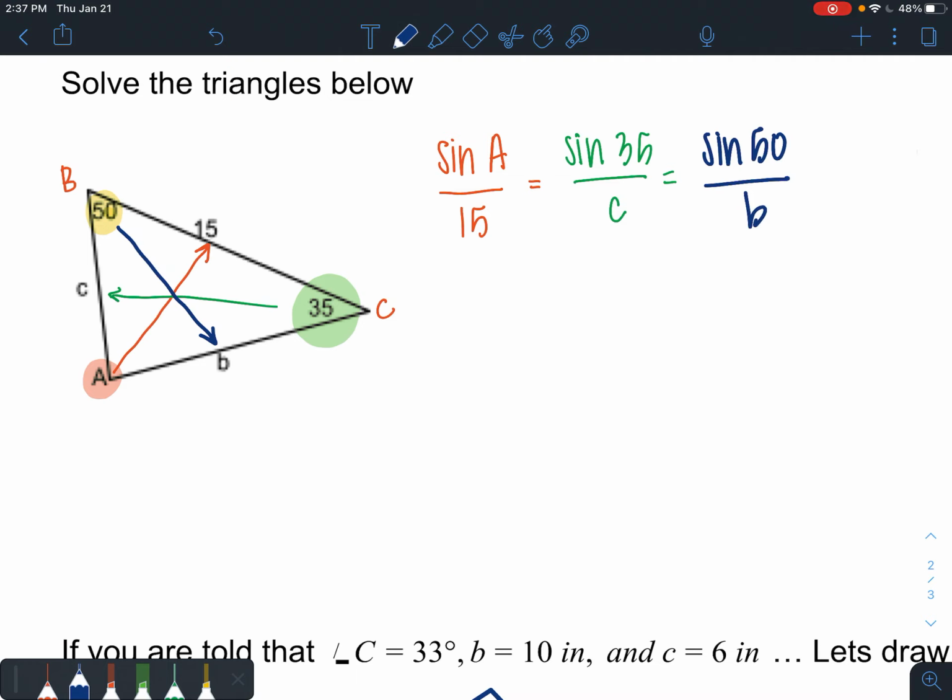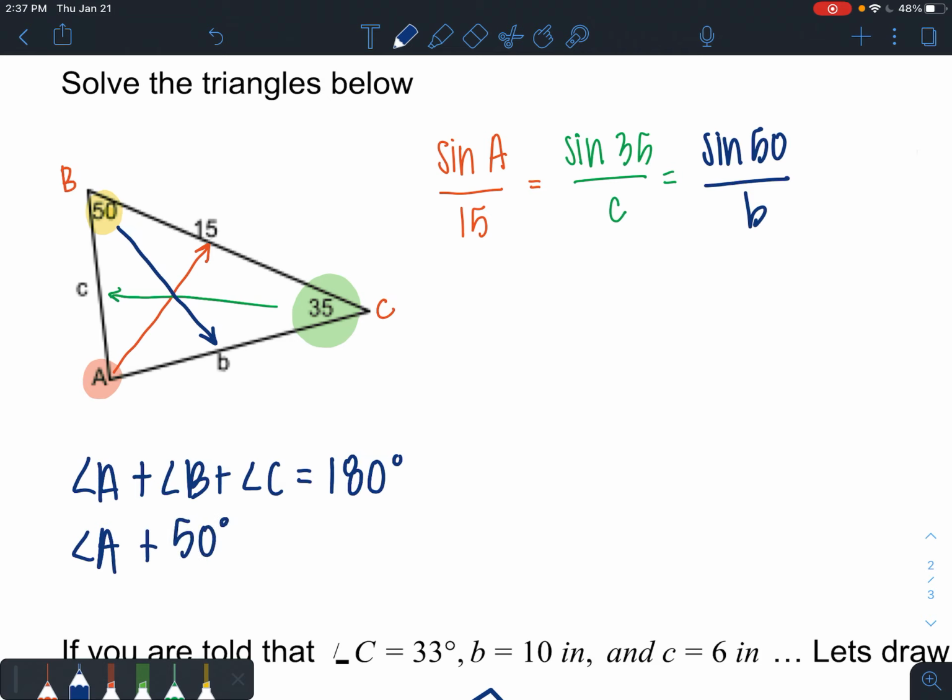Okay, so as of right now, given this, we can't solve anything, but if you remember the three angles of a triangle, angle A plus angle B plus angle C is equal to 180. So we can plug that in. A we don't know, B is 50, and C is 35.